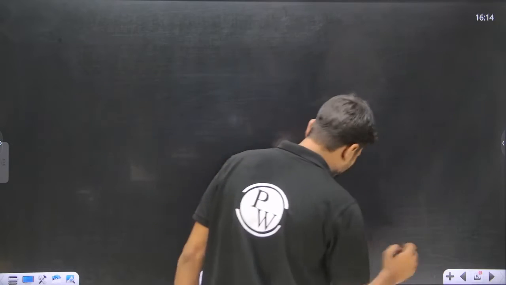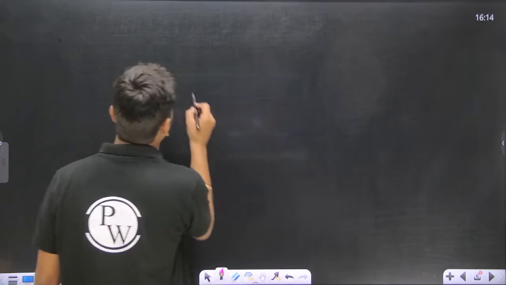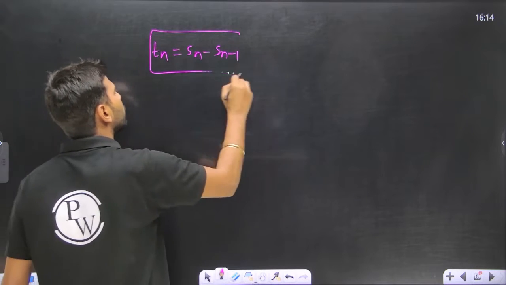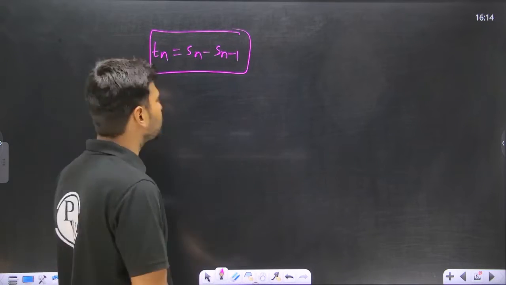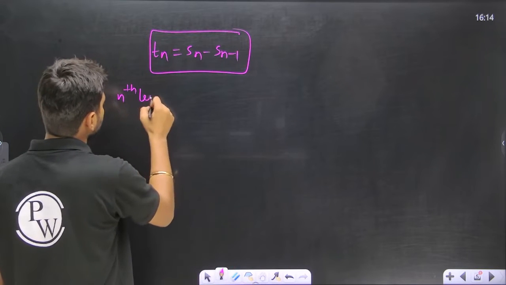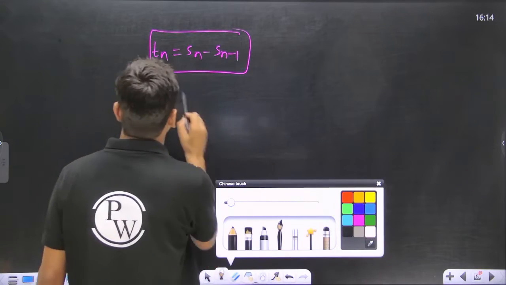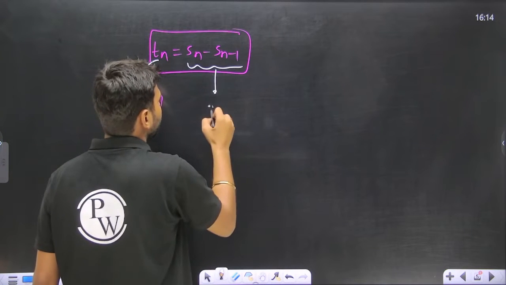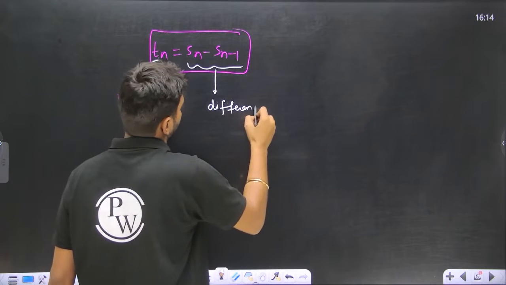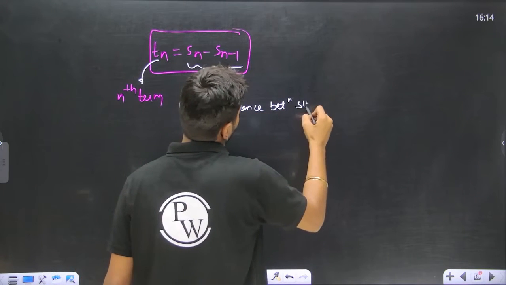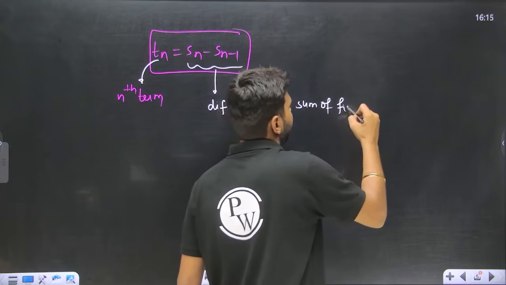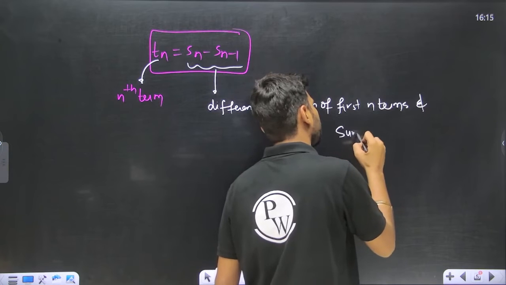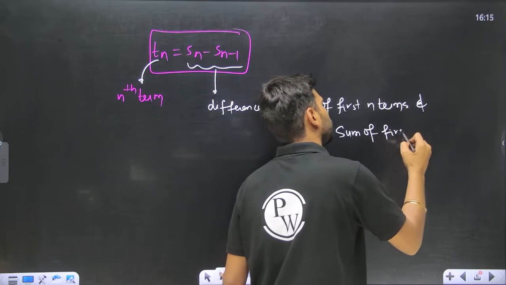Okay, now this formula is very important as far as JEE is concerned, because a lot of questions have been asked earlier on this. The nth term in a sequence is nothing but the difference between the sum of the first n terms and the sum of the first n minus 1 terms.